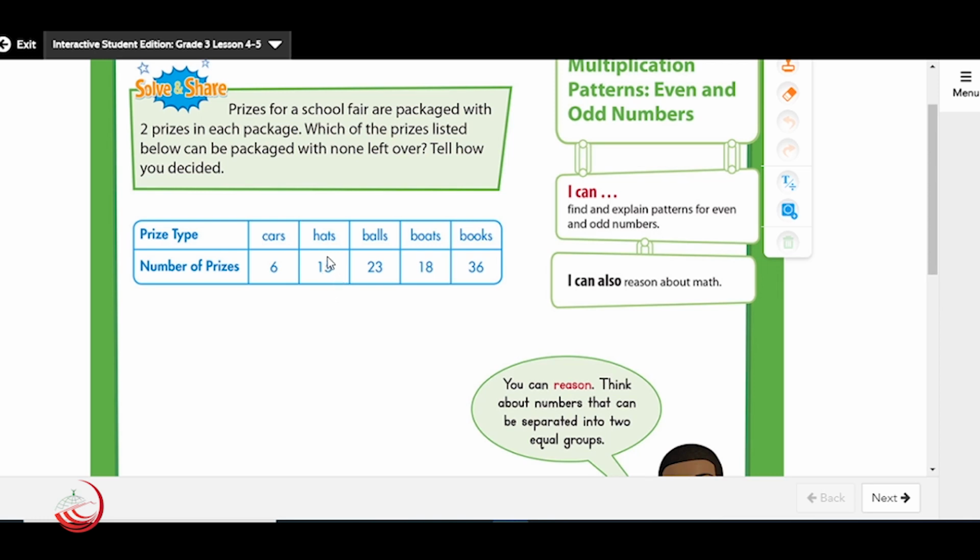If I divide 15 by 2, I will get 7, plus 1 left over. And for the balls, if I divide 23 by 2, I will get 11 and 1 left over.